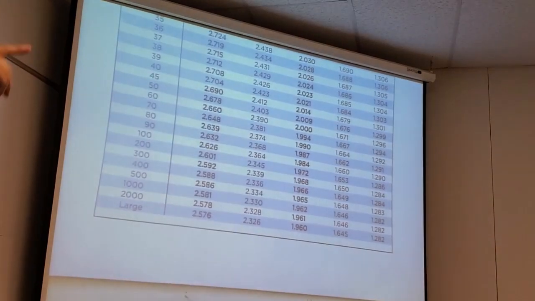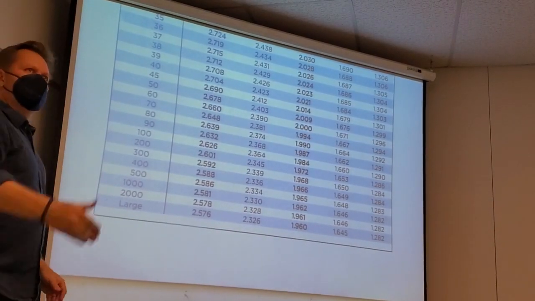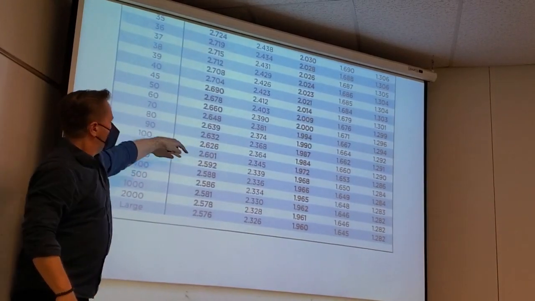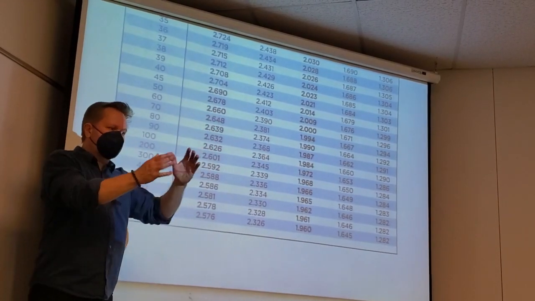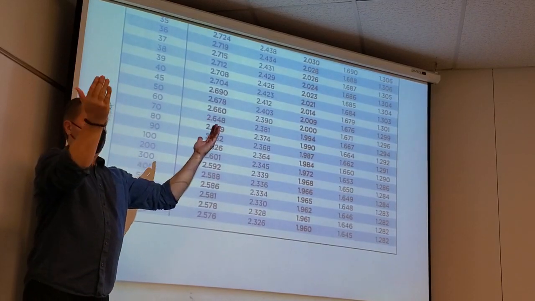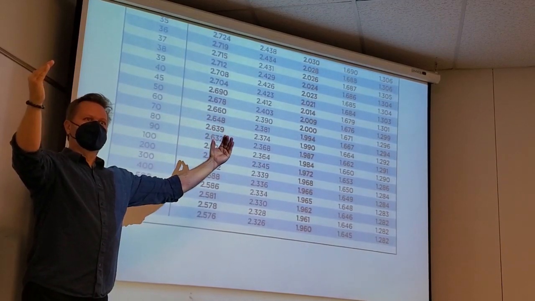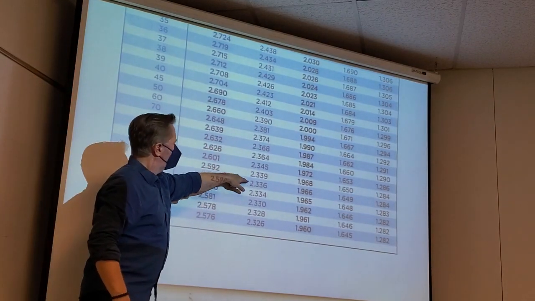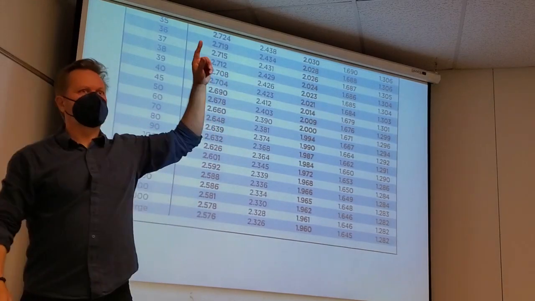So the smaller my sample gets, the bigger the T-score gets. Why does that make sense? Because the smaller my sample, the less certain I am about the standard deviation. I've got to cover myself even more. Right? Is that right? So as you go up, T-scores increase in size.